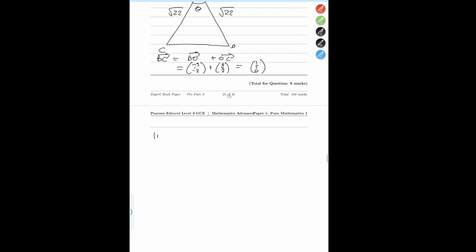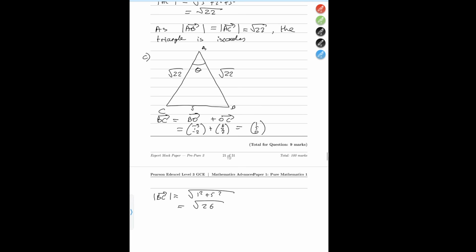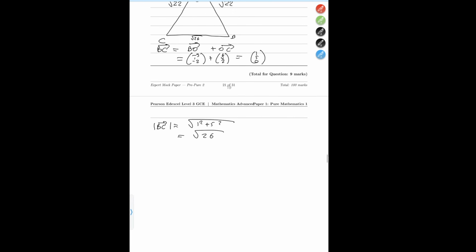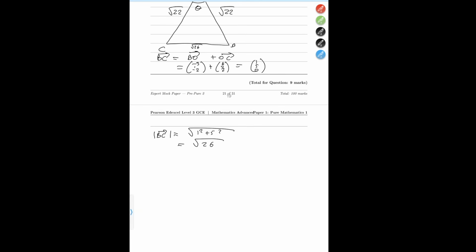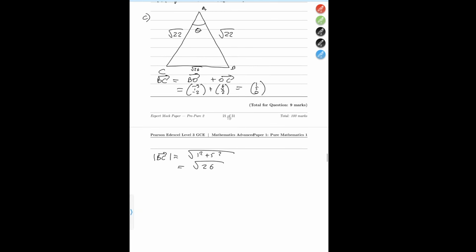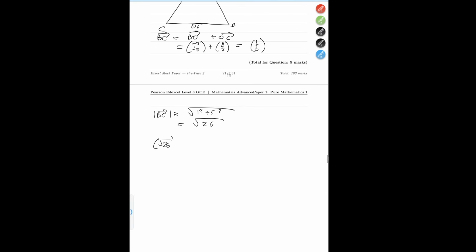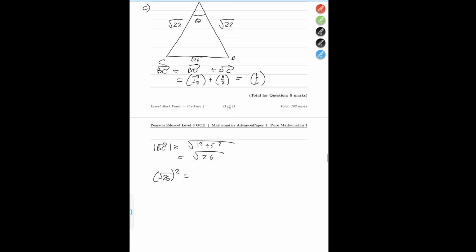So let's calculate the magnitude of B to C, which is 1 squared plus 5 squared, which is root 26. So we now know that this is root 26. We can now use the formula, so we say C squared, which is going to be root 26 squared, equals root 22 squared plus root 22 squared.